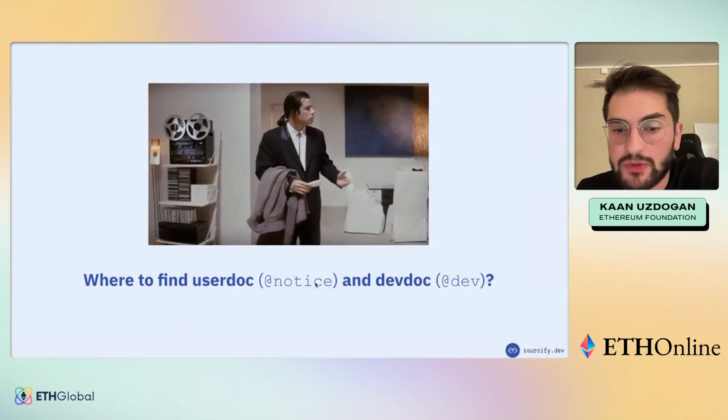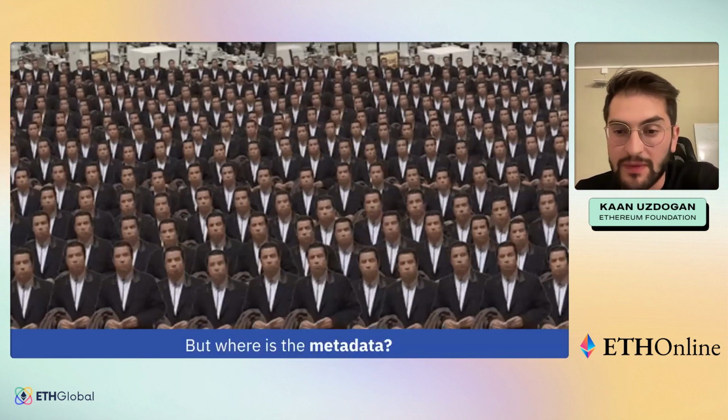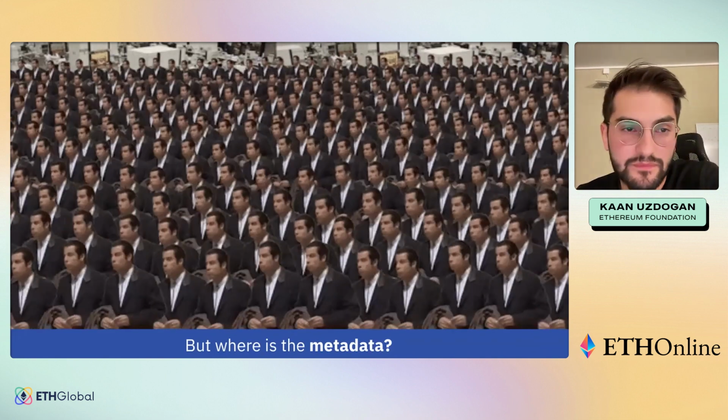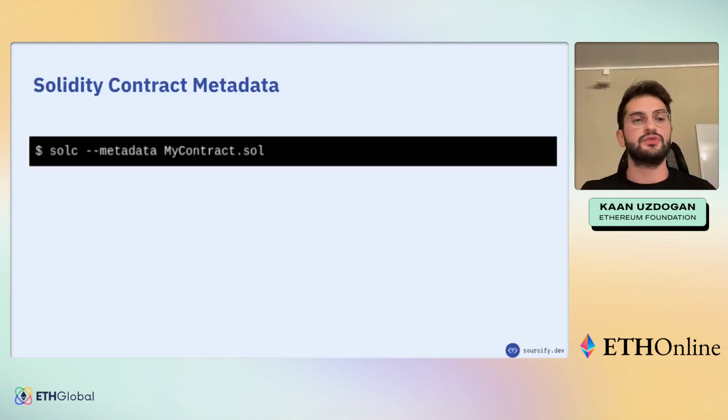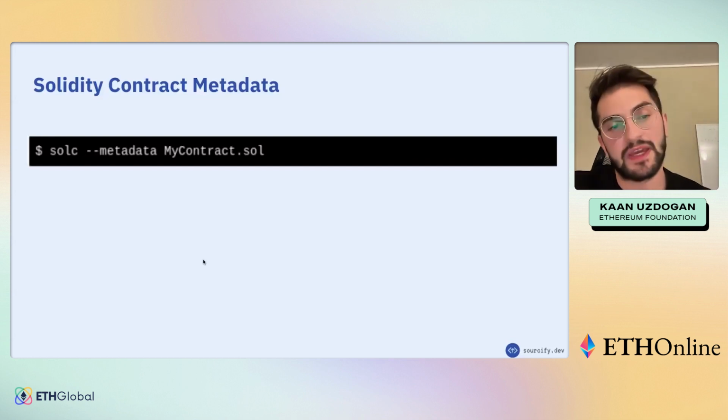Okay, now we know where to find the DevDoc and UserDoc, but where's the metadata? Where can we find this file? If you use the Solidity compiler, it's obtainable with the metadata flag. So if you pass the metadata flag to the compiler on a terminal with the contract, you will get the metadata file.